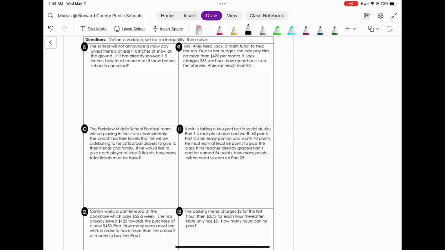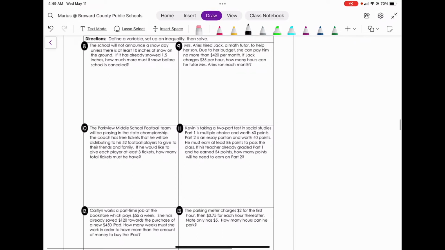let's see here. We need to define our variable first. That's what you should always do first. So what is our x going to be? I'm going to just say we're going to use x to represent our variable for these. So let x equal what?